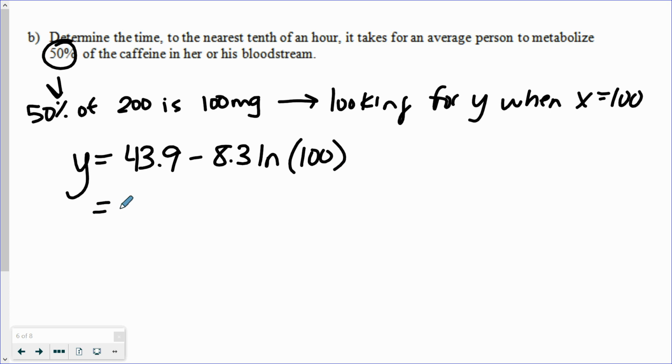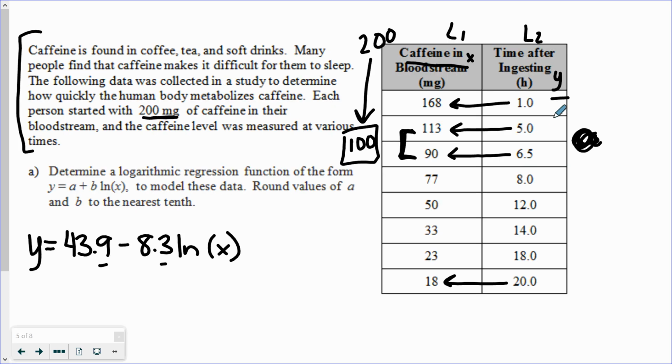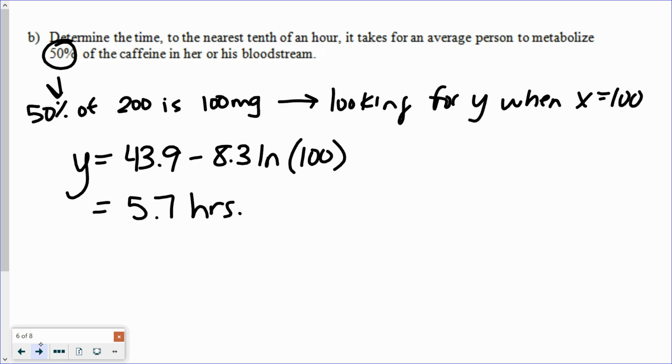I don't remember if I used these rounded decimals or the original ones that we had, but I get, to the nearest tenth of an hour, 5.7 hours. That does make sense because it was somewhere in the range between 5 and 6.5, so we're happy with that answer. So it takes about 5.7 hours to be at a level of 50% of the original caffeine.